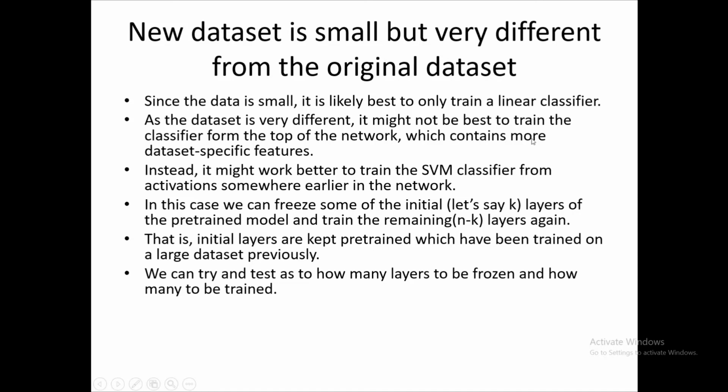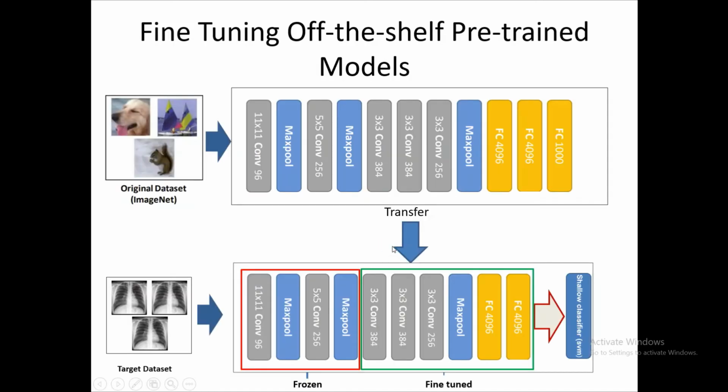trained. Like we can see here, this is our pre-trained model. In transfer learning, what we do is we keep some of the initial layers frozen, and we fine-tune the upper layers.